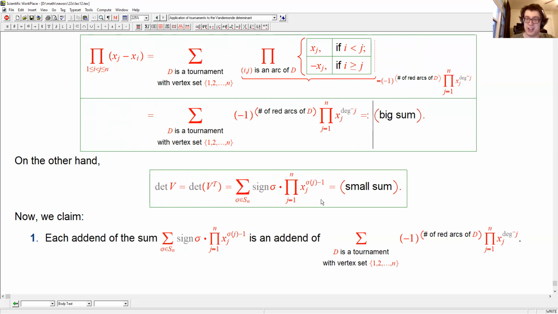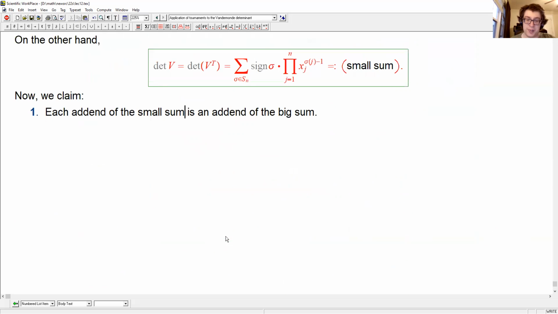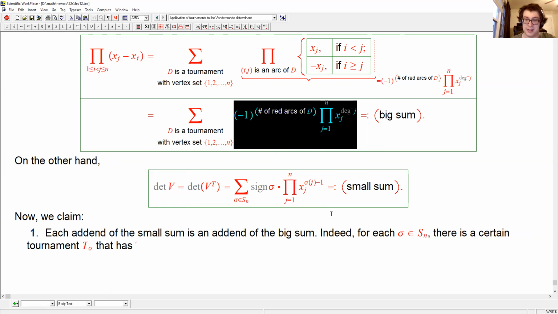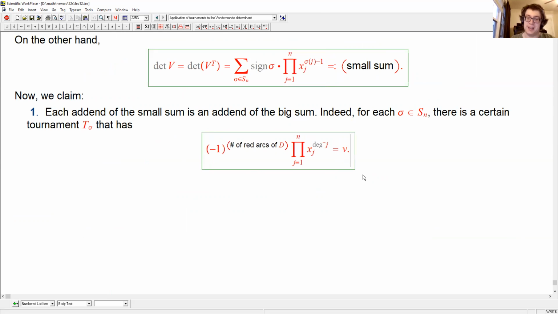So I can just say each addend of the small sum is an addend of the big sum. Why is this the case? Basically, because for every permutation sigma, there is a certain tournament that gives you this exact value. Indeed, for each sigma in Sn, there is a certain tournament, which I call T sigma, that has this equal to this. And it's a nice exercise to find this tournament.